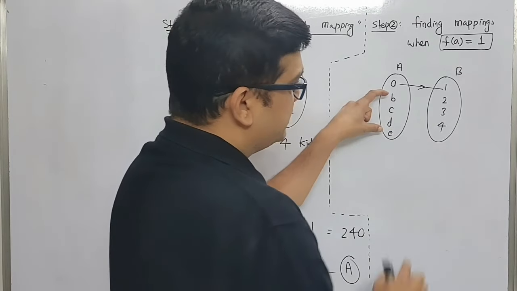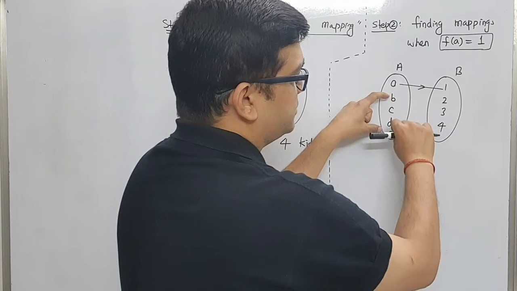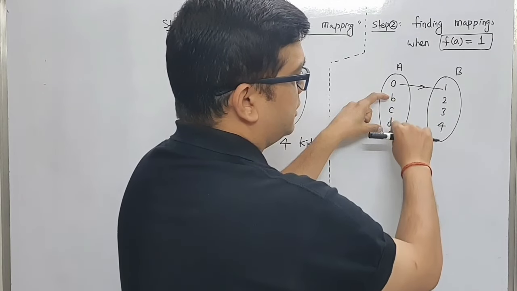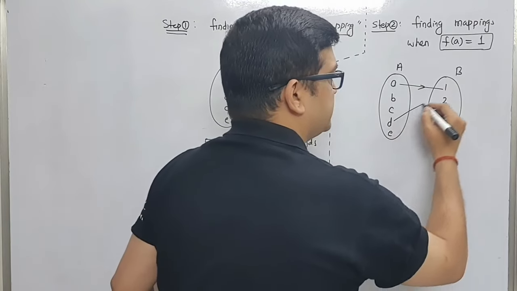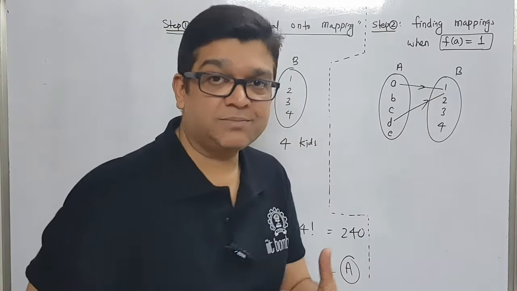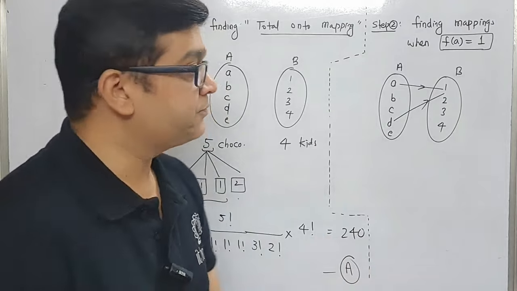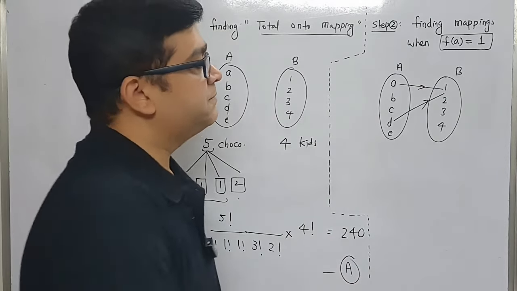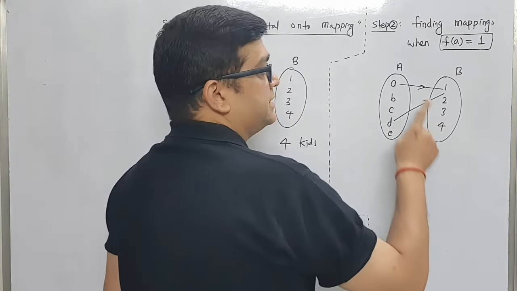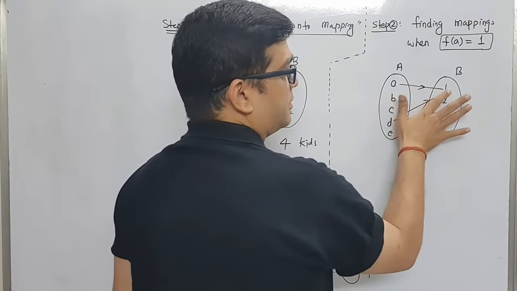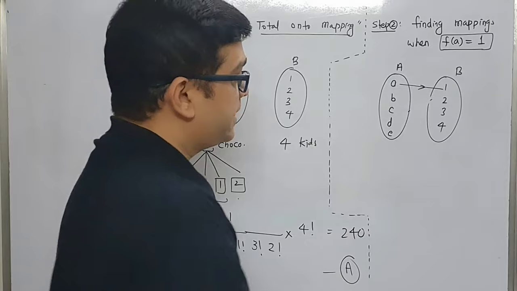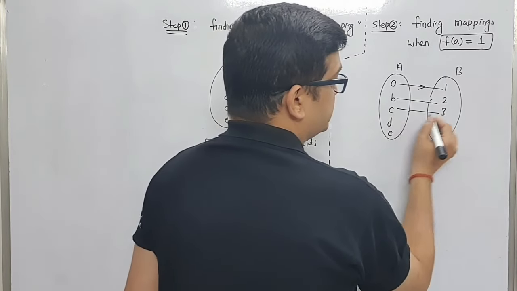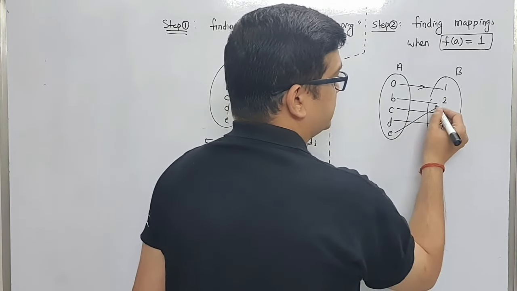So it may happen that out of these 4 members, someone might get associated with 1 also at some given point of time, right? So there is a possibility that 1 is associated to a alone, and remaining these are associated to each other, something like this.